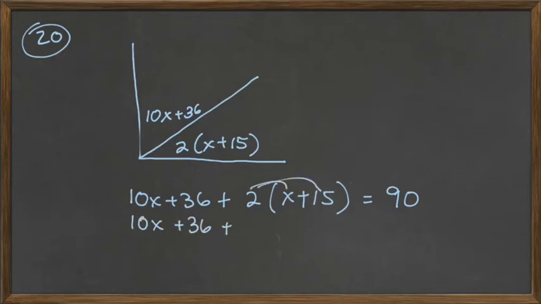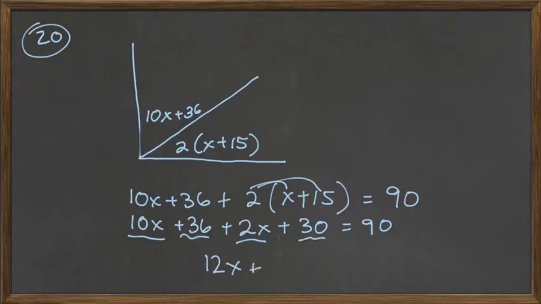Distribute the 2, plus 30 equals 90. Combine like terms. 10x and 2x is 12x. And 36 and 30 is 66 equals 90. Right?